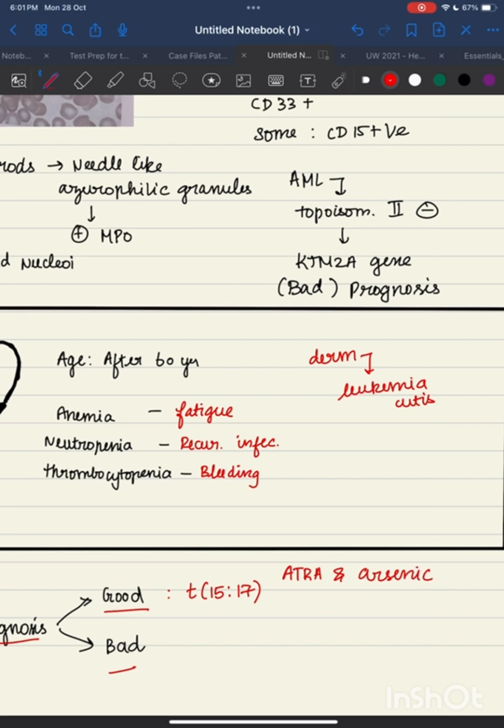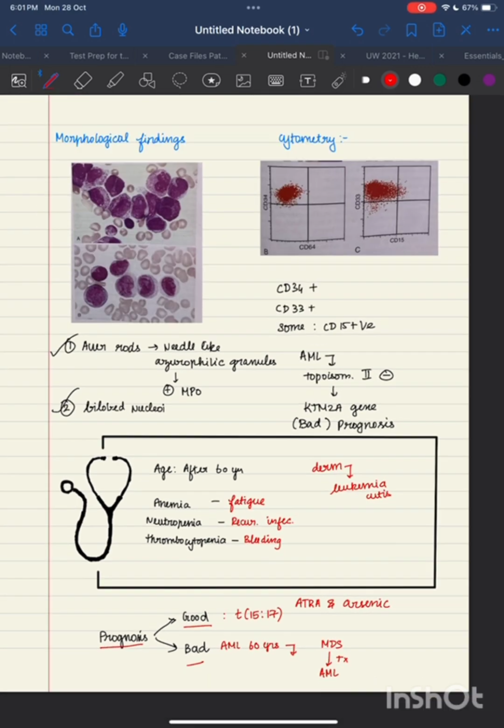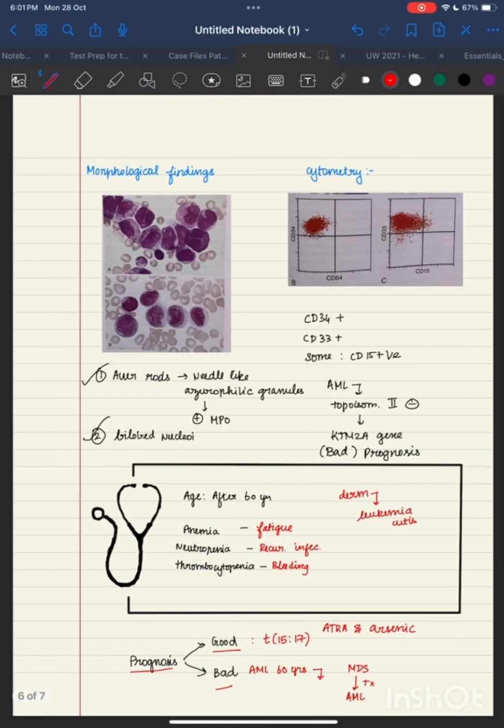Usually it has a good prognosis. But for those who have developed AML after 60 years, or after developing MDS and undergoing treatment, usually they have a bad prognosis. Okay, these are all about AML.